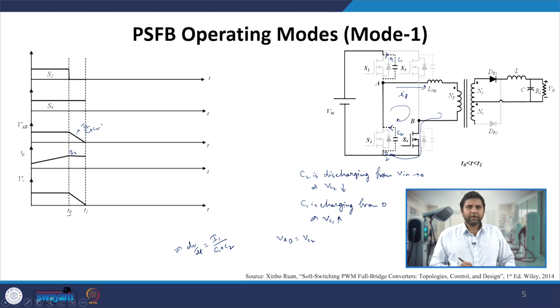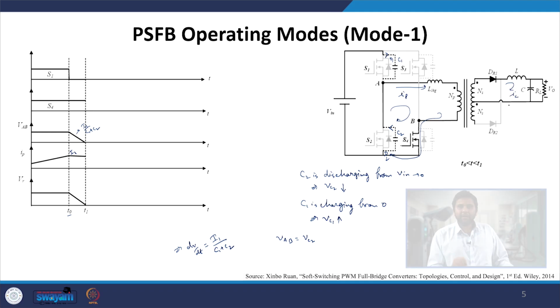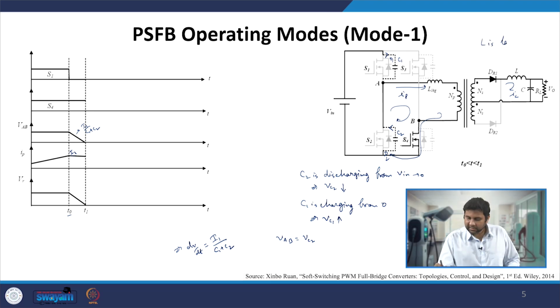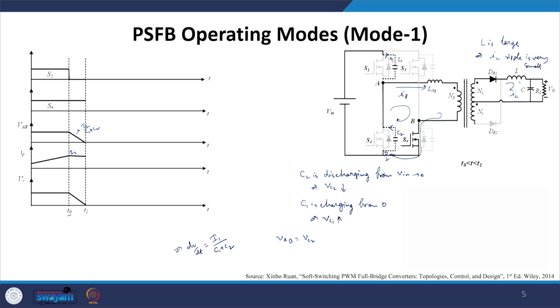With that slope this voltage is falling, and during that time S4 is on only. Since IP is going in this direction, and it is again the reflected current from the output inductor, this IP remains nearly constant, because we assume that L is large, so the ripple current in the inductor is very small.